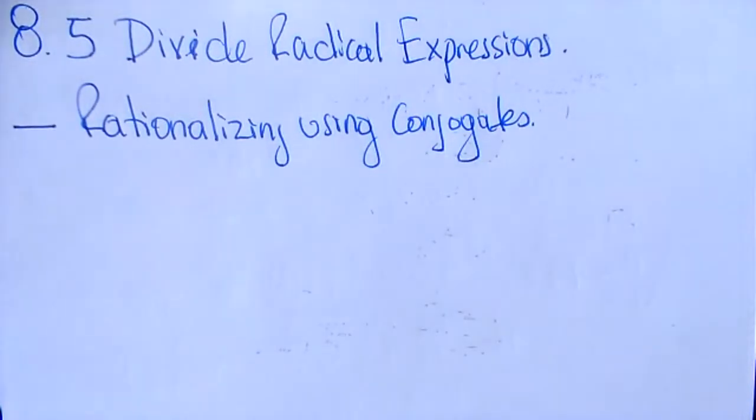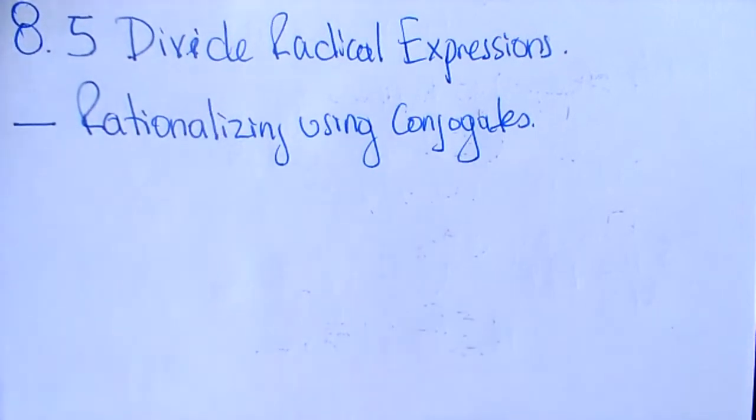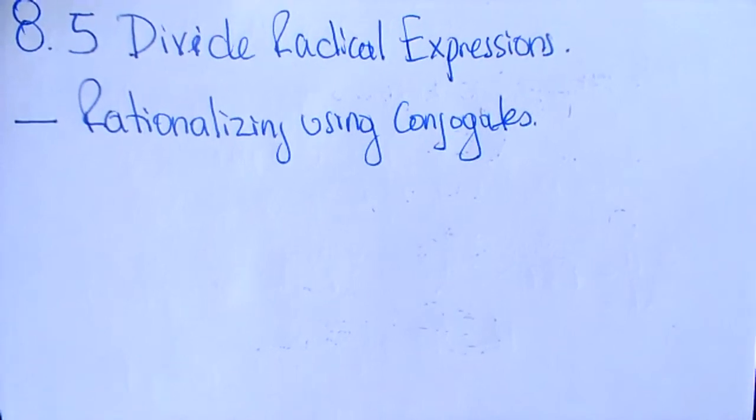Now what we're going to be doing next is rationalizing the denominator of our rational expressions. What this means is that we're going to take any irrational quantities and change them into rational quantities.